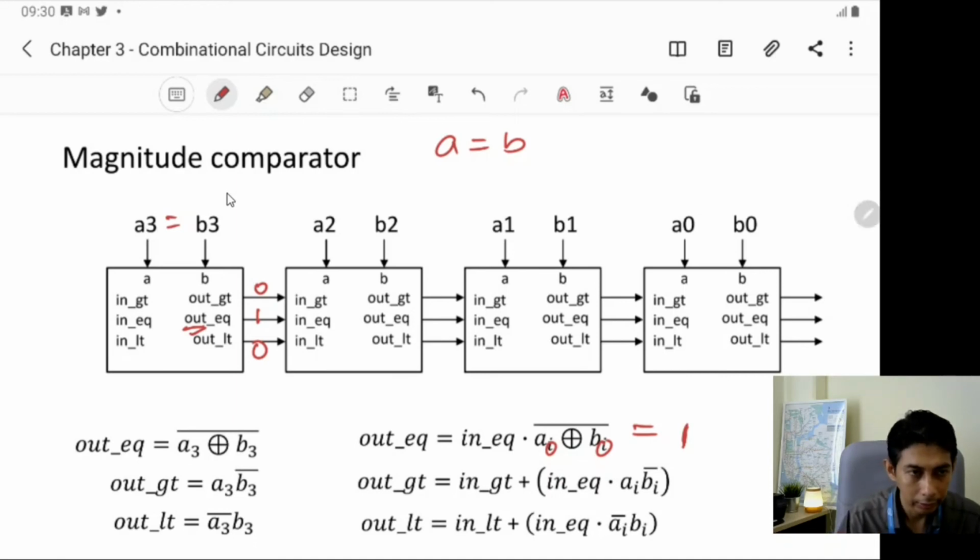All right. So if the output here is equal to 1, means that A3 is equal to B3. All right. So that we have that.